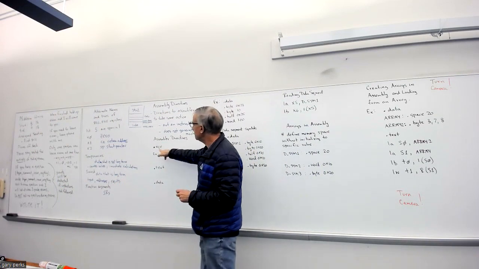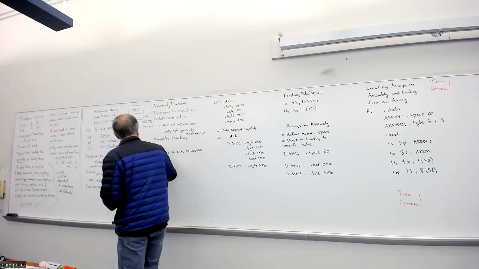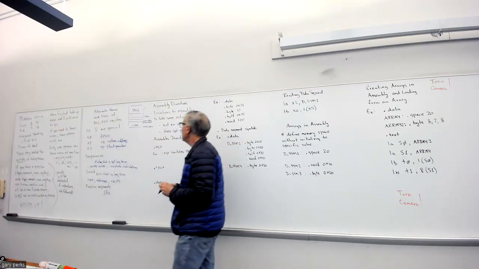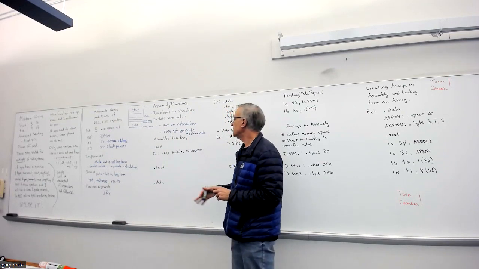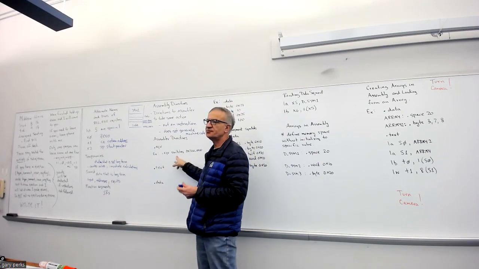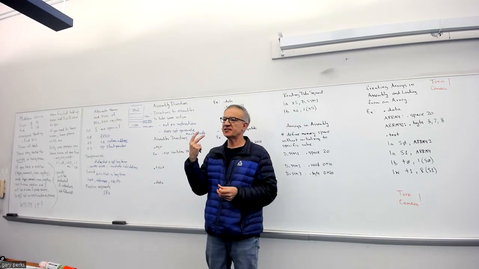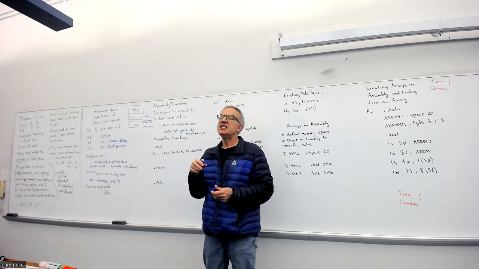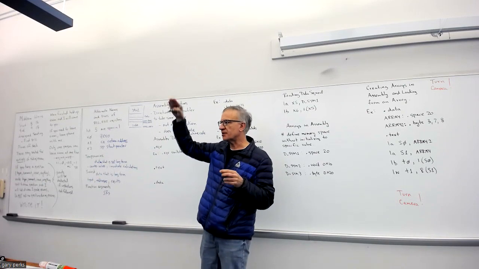The first one here is dot EQU, which stands for equivalent. That's how you can assign numbers to words. Now, when it's a word like this as an assembler directive, it's not called a label like it is in the program.